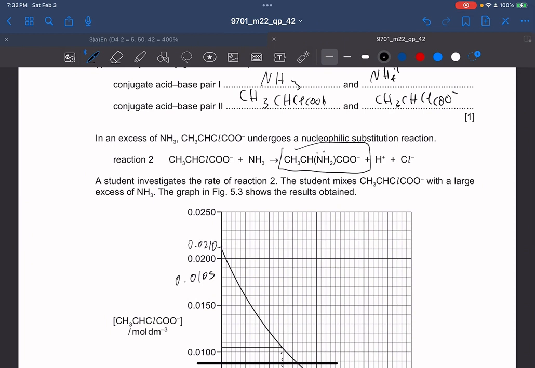This is a little pair. Okay, so basically the product that's being formed is actually also in excess. That basically means it can react again with what we just formed.